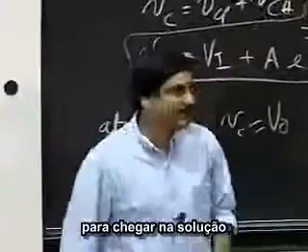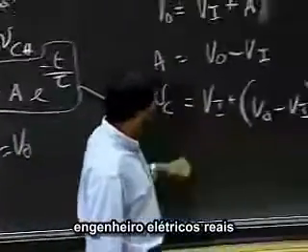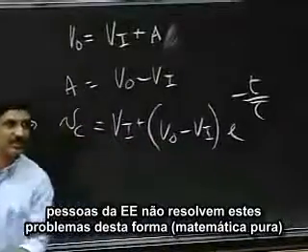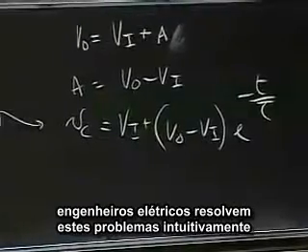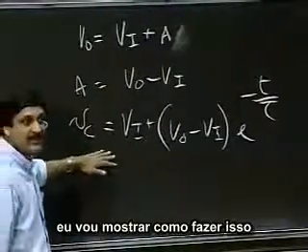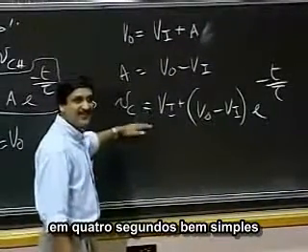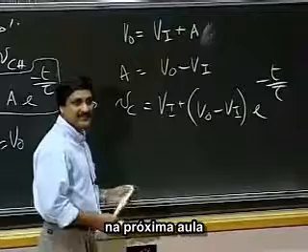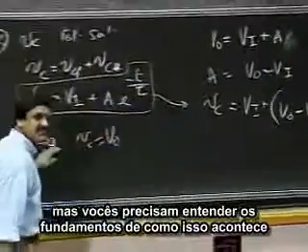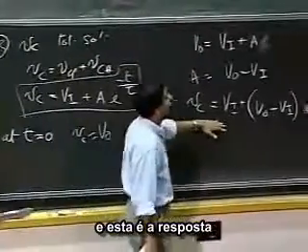Real electrical engineers, real EECS folks don't do it this way. Real EECS folks do it intuitively. And I'll show you how to do it in four easy seconds in the next lecture. Okay, but you need to understand the foundations of how this comes about, and so this is the answer.